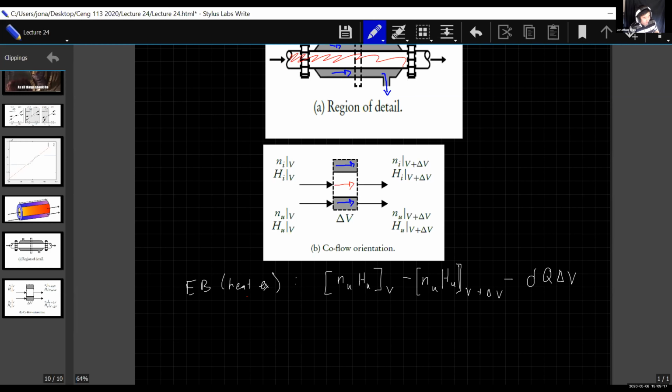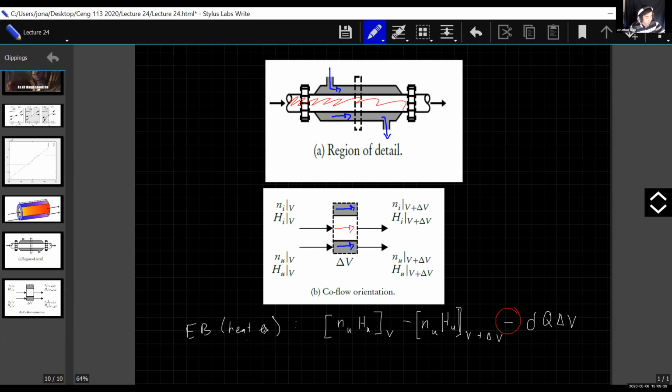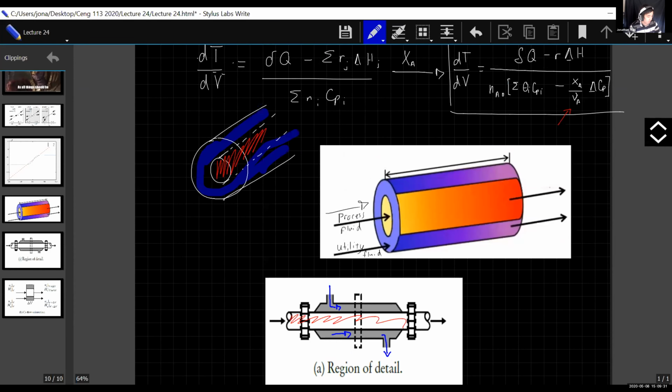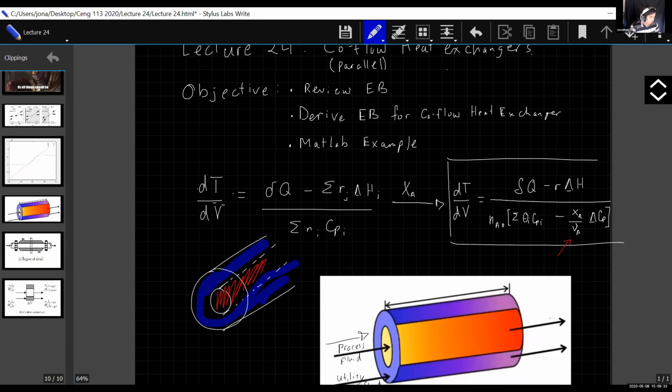Now, real quickly, you might be wondering, why is this a negative term, minus del Q delta V? The reason that this term is negative is because when we defined our energy balance previously, we defined it with a positive del Q. And what that implies in the derivation of our energy balance for the PFR is a given direction of heat flow.